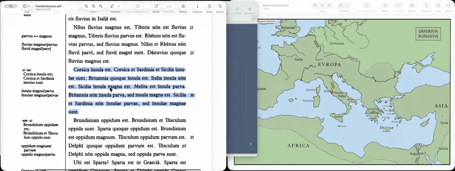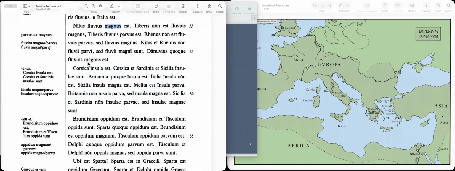So we see the same thing up here where we had fluvius and magnus. Now we see insula. One insula, two insulae. And then we see insula magna, where we had fluvius magnus, and we had insula parva, where we also had fluvius parvus.